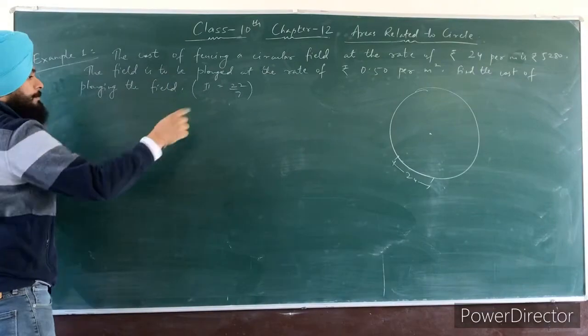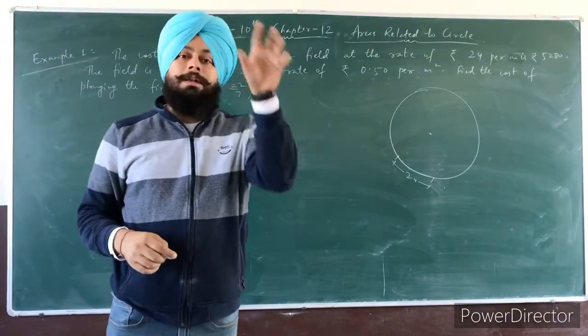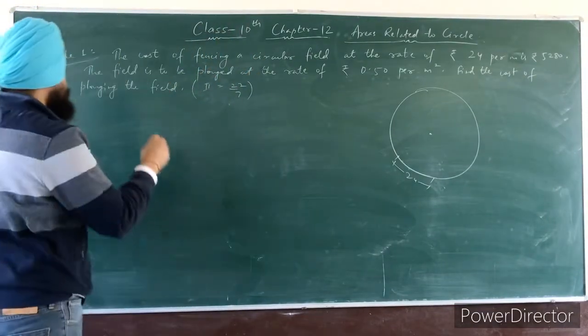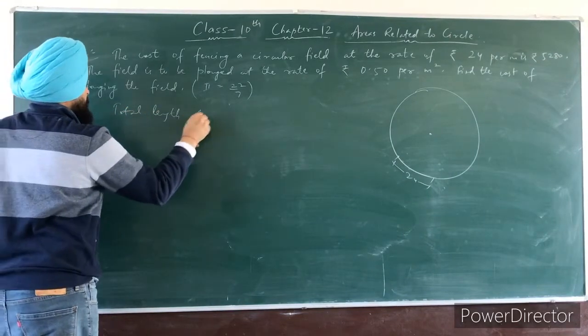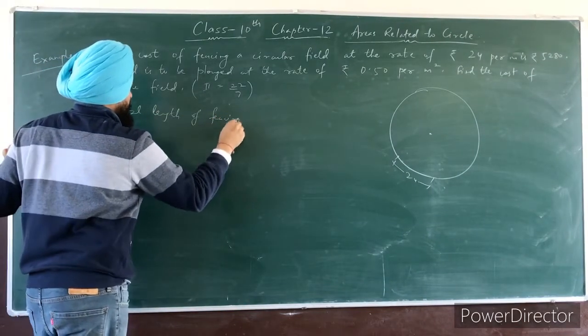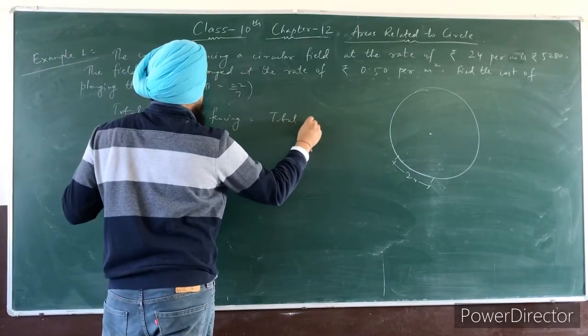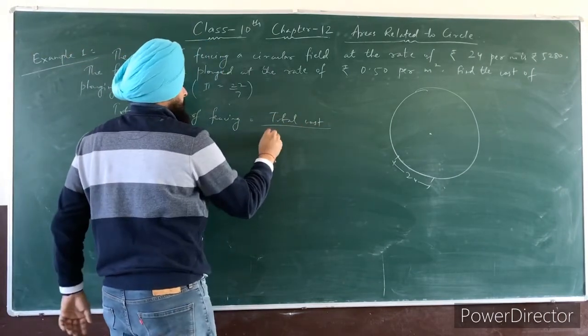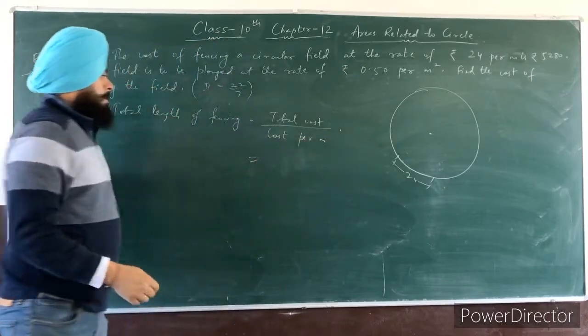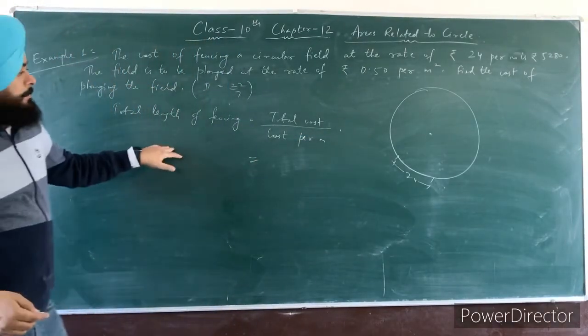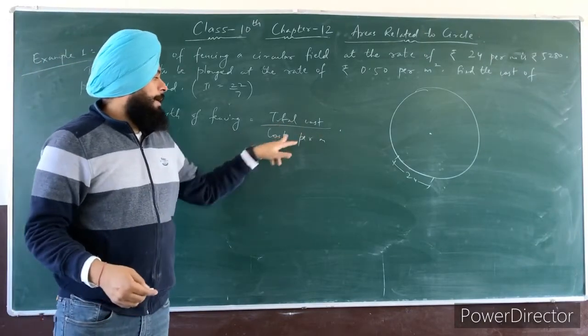Means from this we can find the total length of fencing. From here we can find the total cost divided by cost per meter.